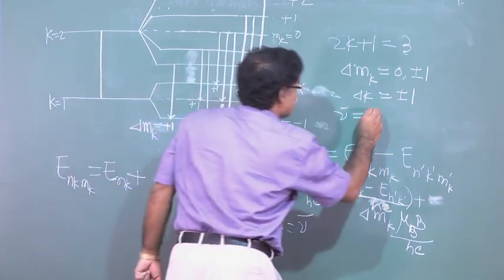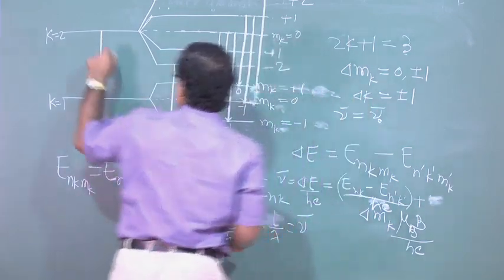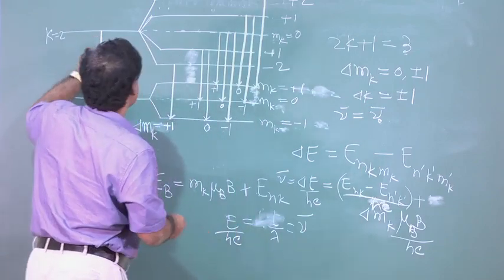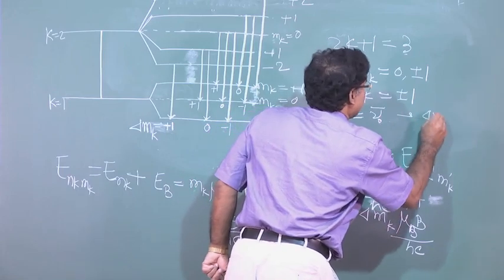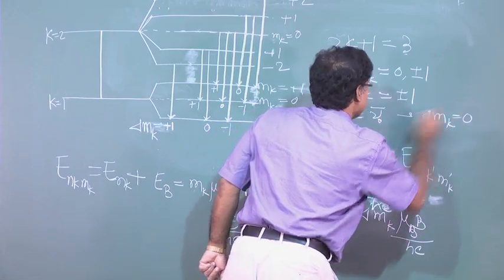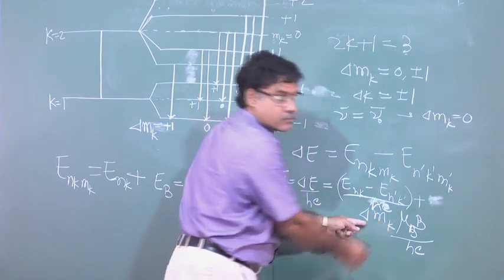So, this transition between these two gives the original one. Whatever the original wave number of this one is, I will get that here. So, this is for delta m k equal to 0.